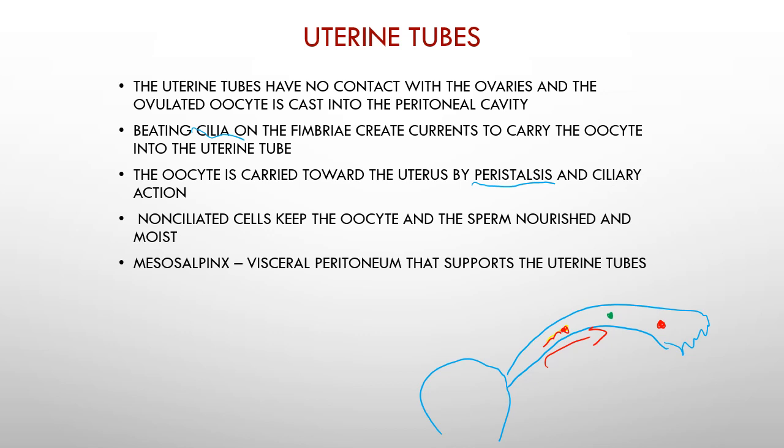Was the oocyte already on its way, and the sperm finds it closer towards the uterus as well. And so we've got somewhere in the neighborhood of between 24 and 72 hours between intercourse and ovulation in order for the two of them to become combined with one another.